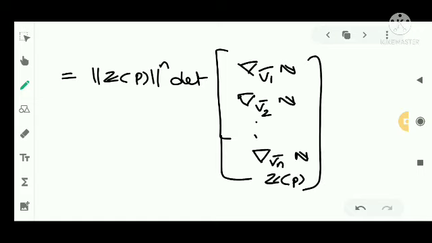Then next we have the definition, we have the result of the Weingarten map, LP of V equal to minus del Vn. That's the result.